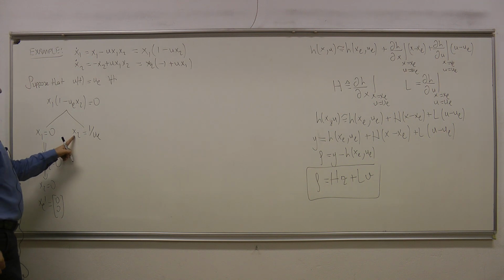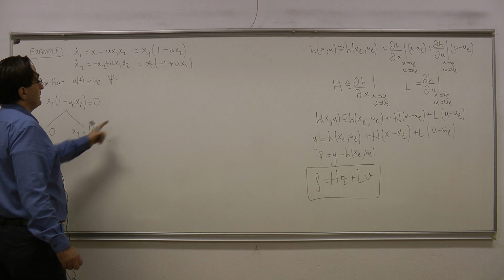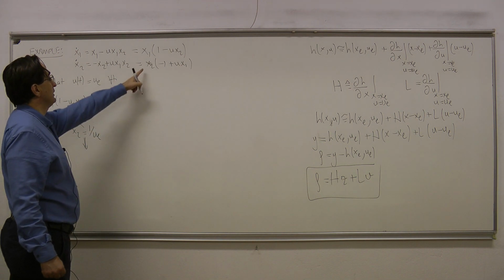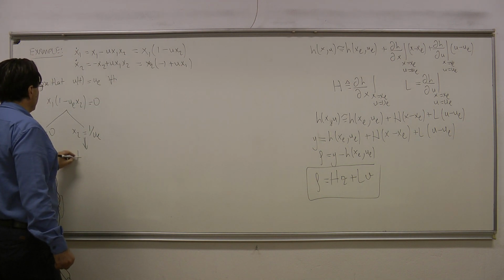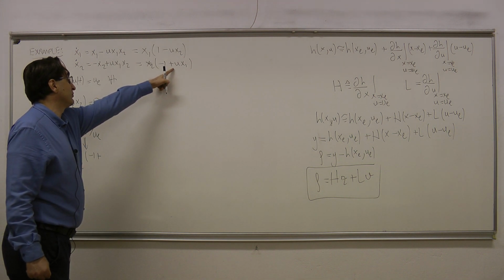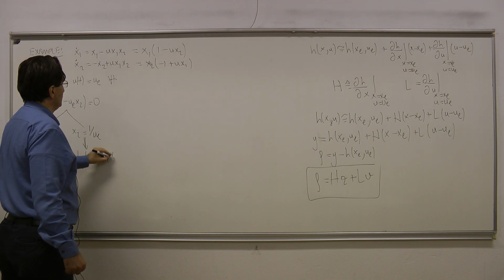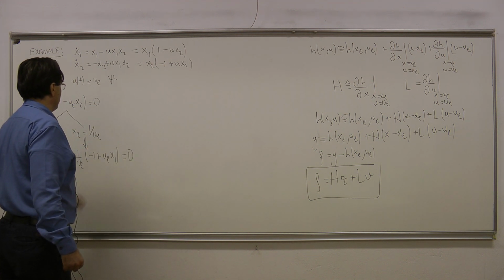Let us look at the other one. If I substitute x2 equals to 1 over ue here, then it's going to be 1 over ue minus 1 plus, remember we were substituting already u equals to ue, so I have ue x1 is equal to 0.